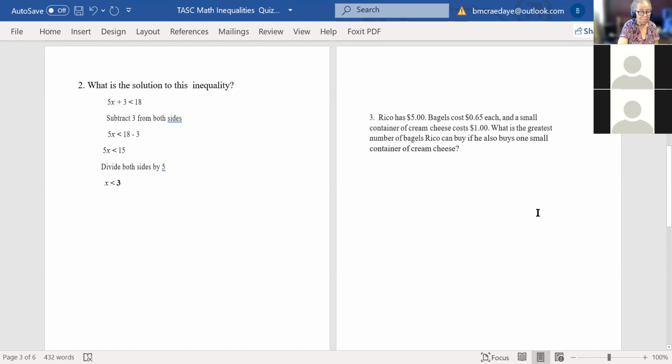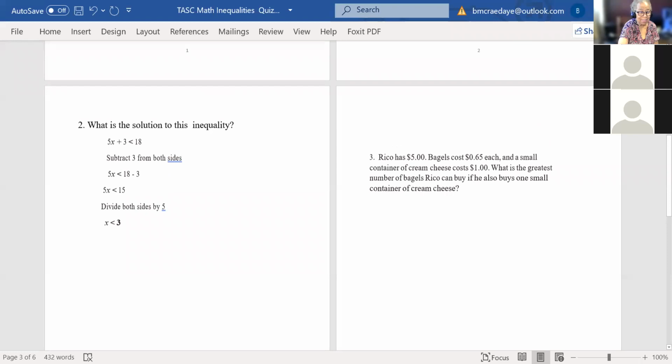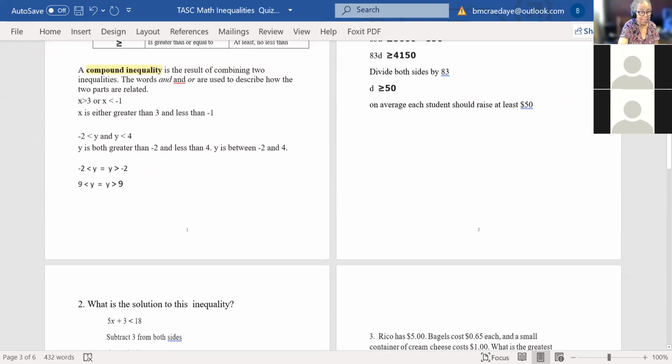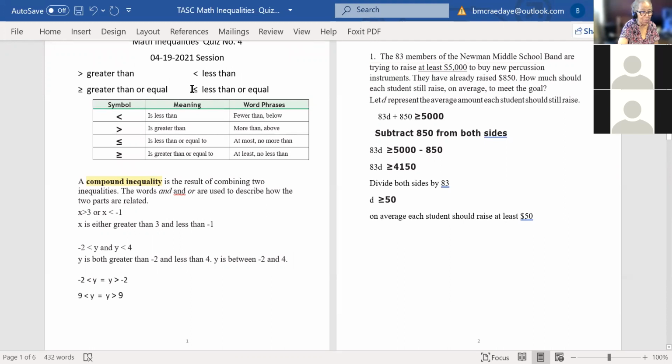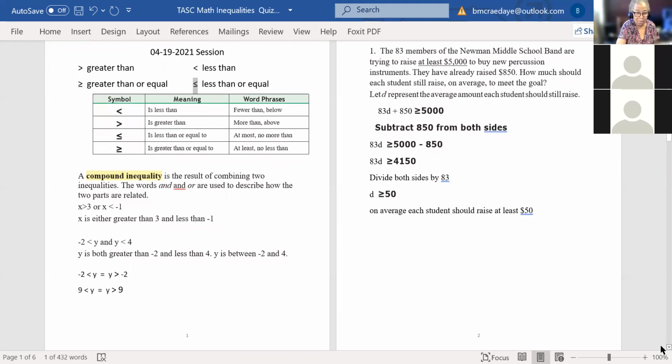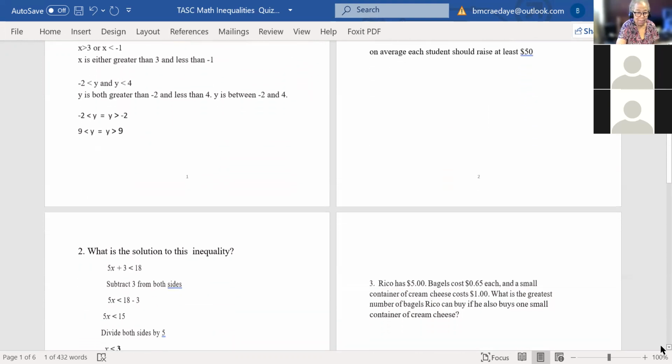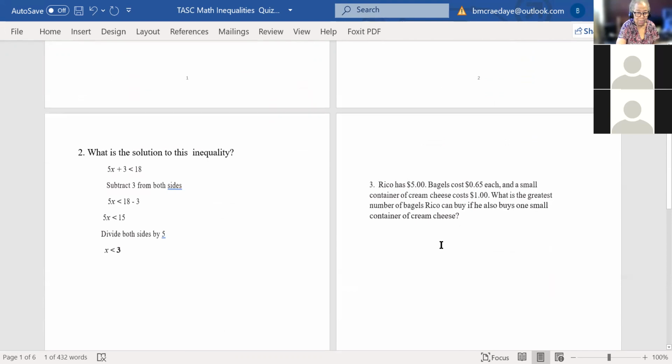Less than or equal to, right? That's it, because he has $5. So it's less than or equal to. Let's put our less than or equal symbol here.